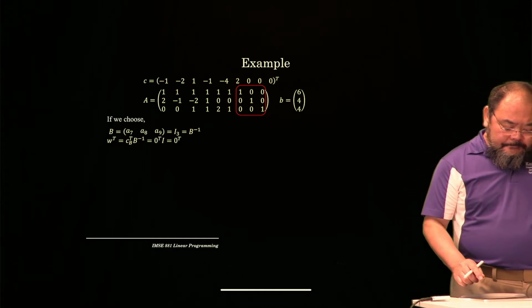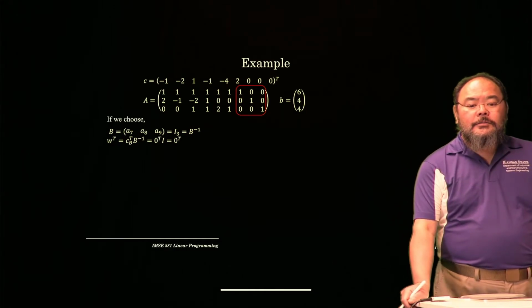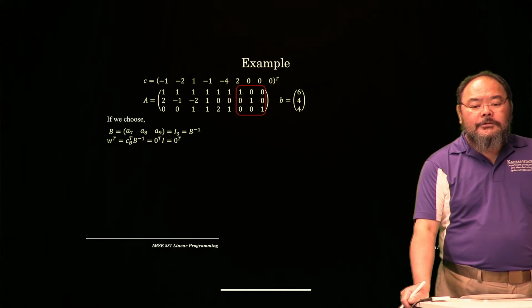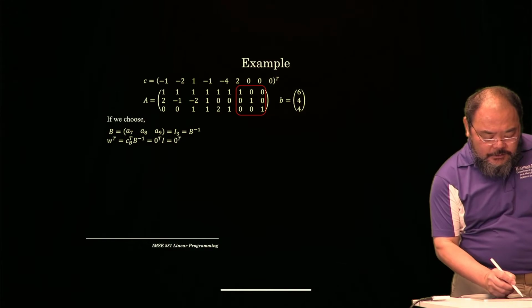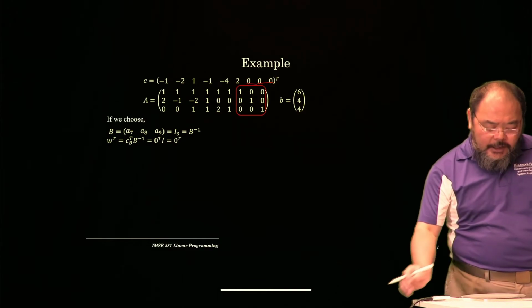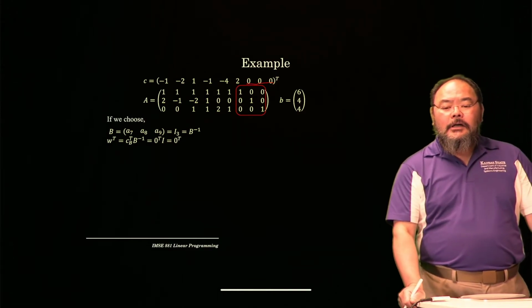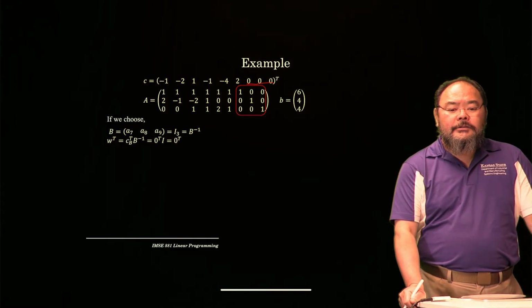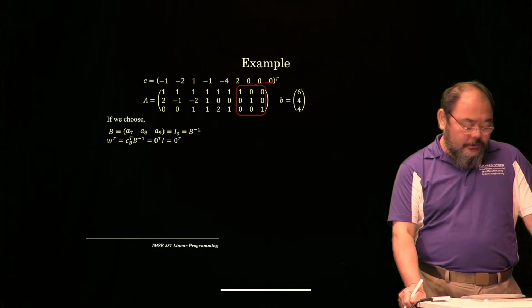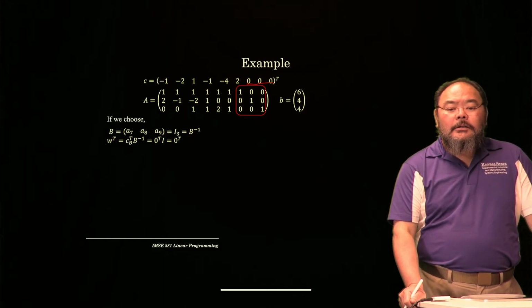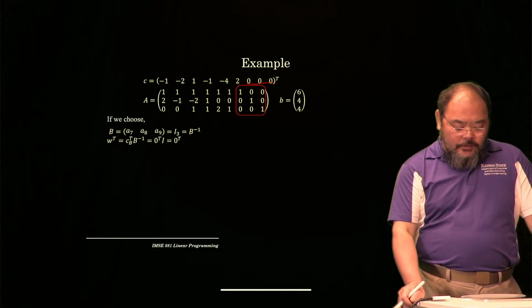And omega equals C_B transpose times B inverse, which is 0, because C7, C8, and C9, the cost coefficients corresponding to x7, x8, and x9, are 0. So their current omega equals 0 as well.